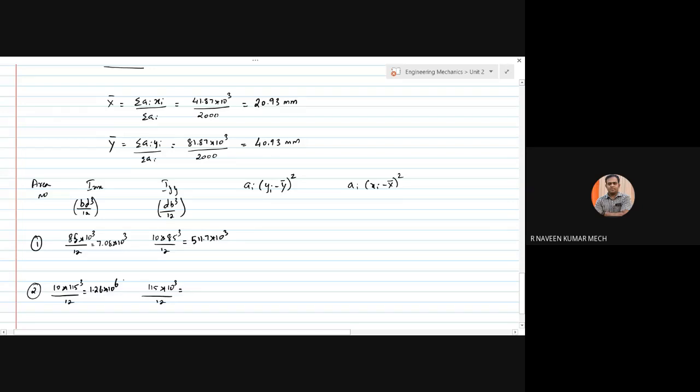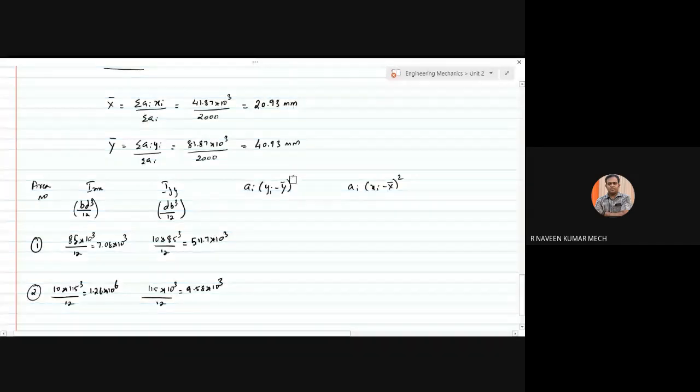Here 115 into 10 cube divided by 12. We get the value 9.58 into 10 to the power 3.